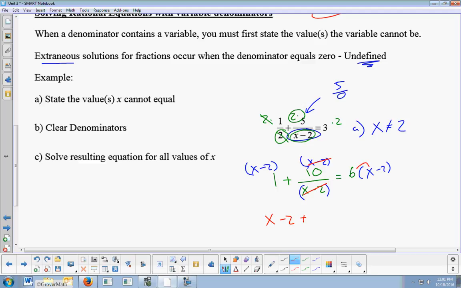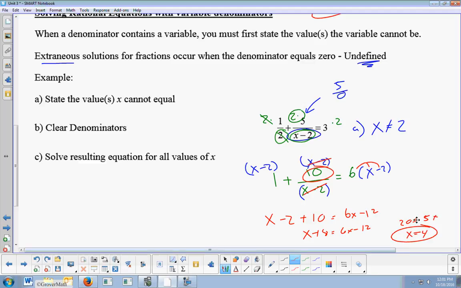And here I'll have to distribute a little bit to get, so that was plus 10. So that's left over. Numerator, 6x minus 12. And so over here I have x plus 8 equals 6x minus 12. And now the problem gets easy. We'll add 12 to get 20, minus x to get 5x, and x equals 4.